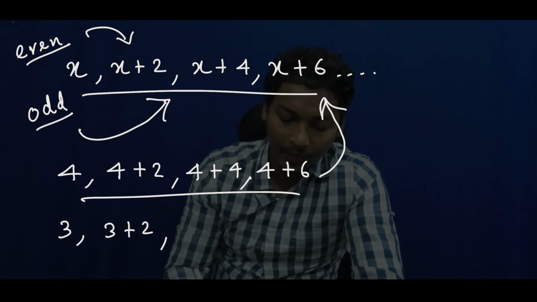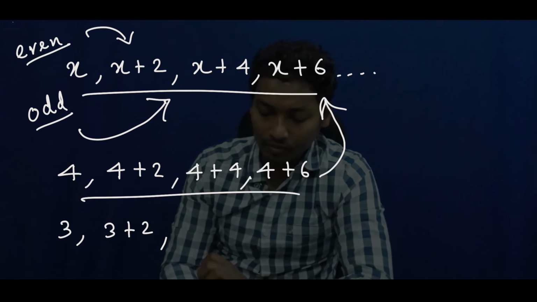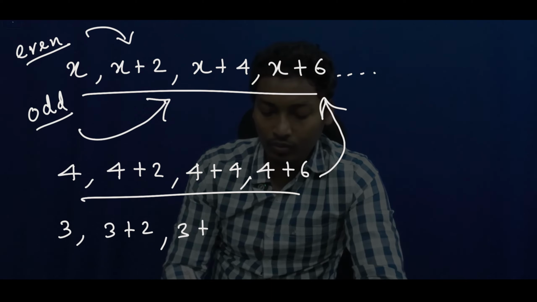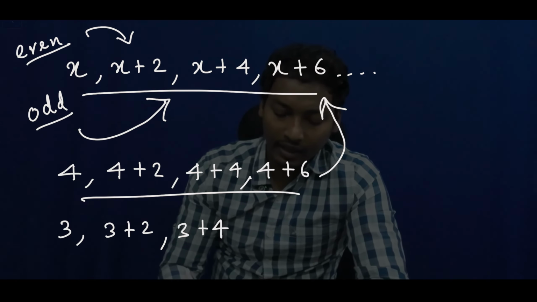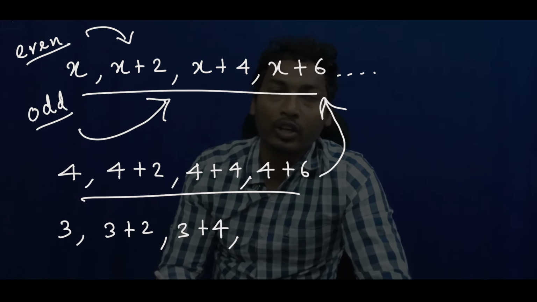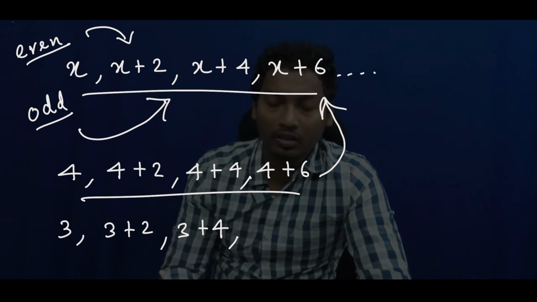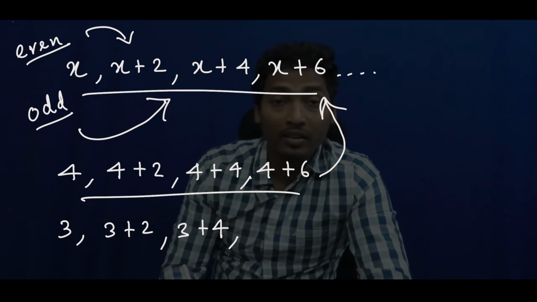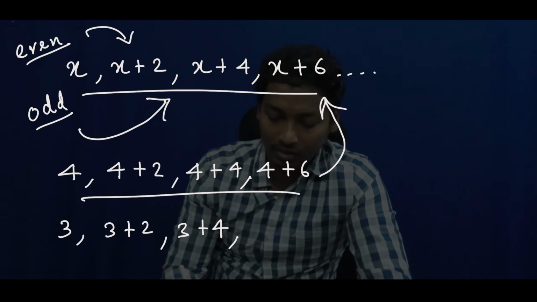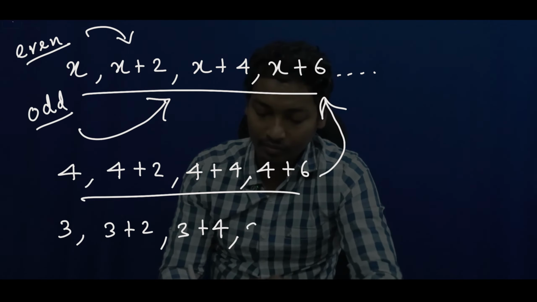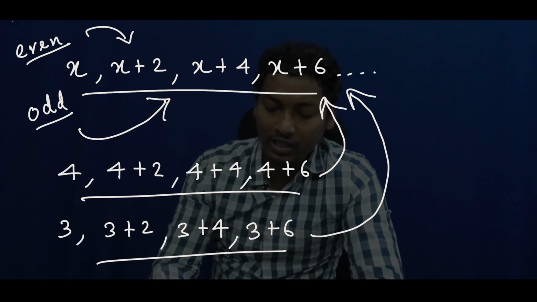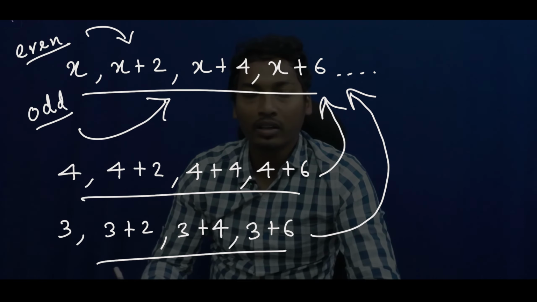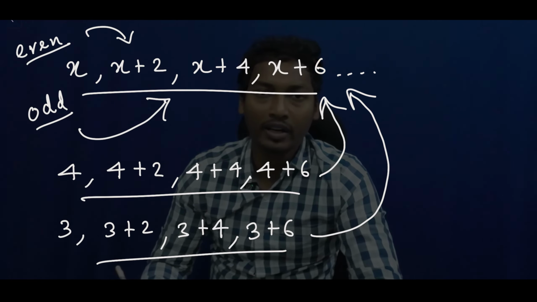We will add 4. And then again after 7, in order to get 9, what can we add to 3? We can add 6. So 3 plus 6. You see how this pattern is followed both for even integers and odd integers.